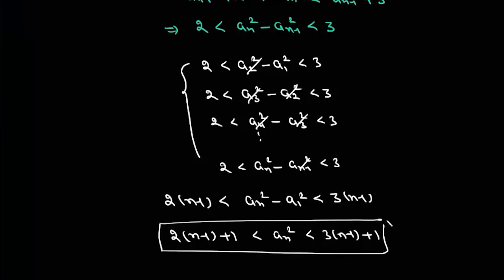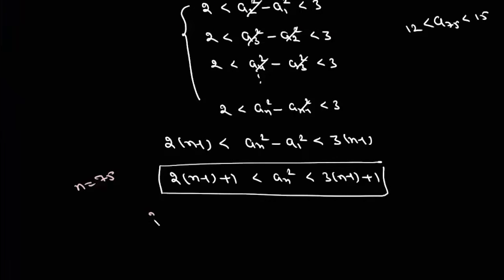Now it says we need to prove that a75 will lie between 12 and 15. So what we'll do is we'll put the value of n as 75. So we'll put n equals 75. So this is 2 into 74 plus 1 will be less than a75 square will be less than 3 into 74 plus 1.